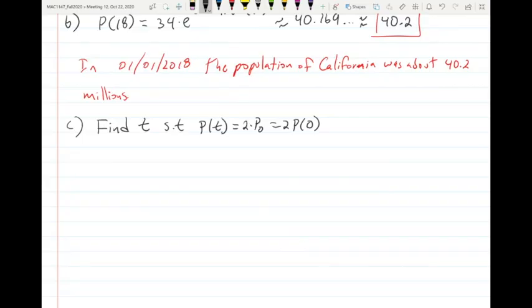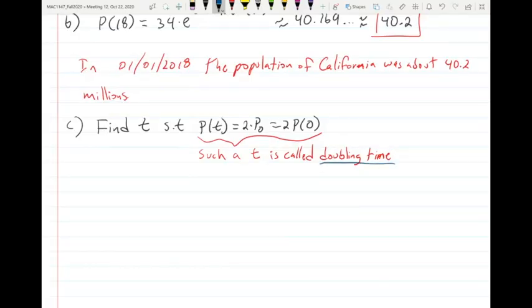It is called the doubling time. The definition of doubling time is the time that it takes for a certain quantity to double itself. Given a model, the time that it takes for the quantity to double itself is called the doubling time.